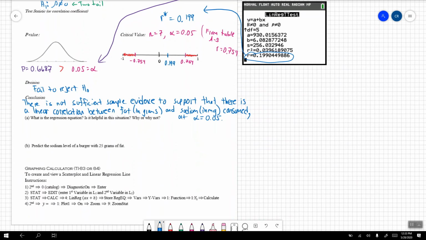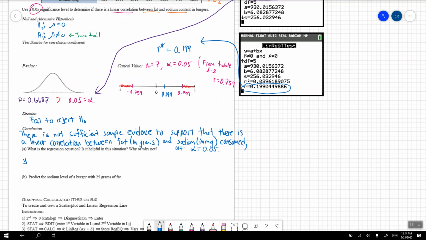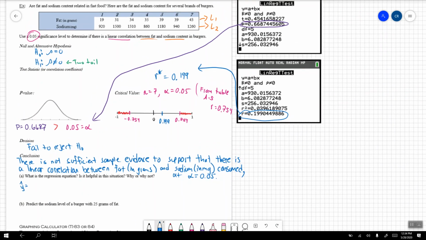Part A says, what is the regression equation and is it helpful in this situation? Why or why not? Let's look at that. What is the linear regression equation here? In order to answer that, we need to go to our first screenshot, and we're going to use a as our y-intercept.